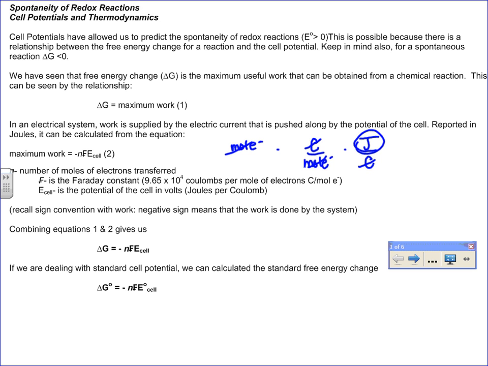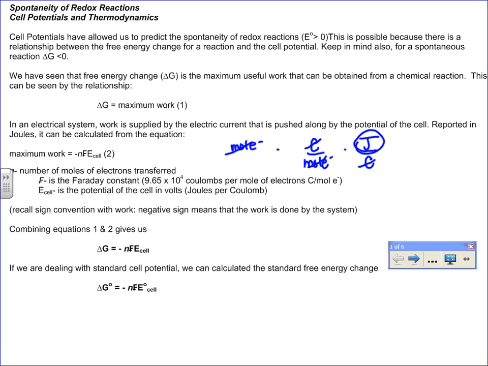Now, the reason for the negative sign is the sign convention of work, where a negative means that the work is done by the system. Keeping in perspective, connecting that back to an exothermic reaction, we know that an exothermic reaction is favorable, right? So it's the same kind of connection there with the sign. Now, we've got this relationship. We know that Gibbs free energy gives us the maximum work.